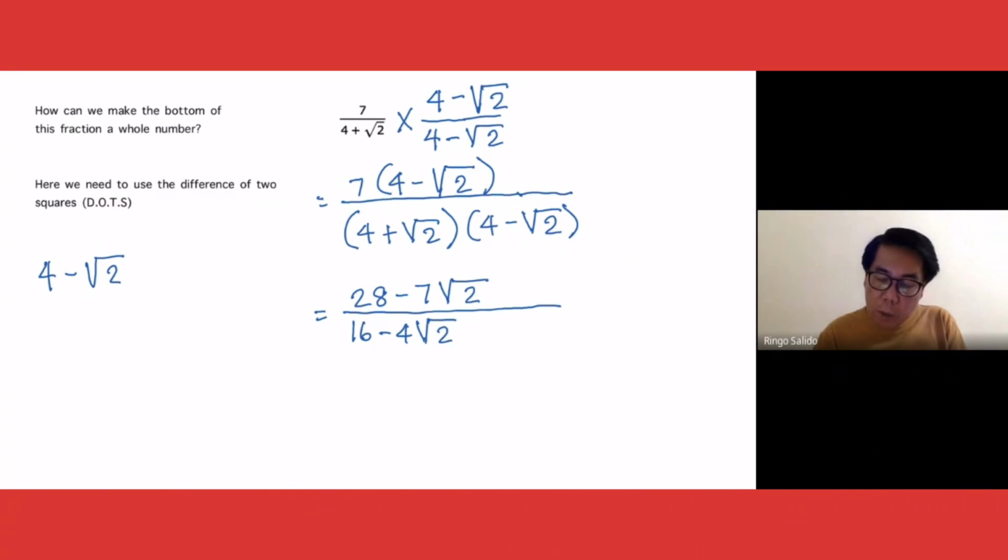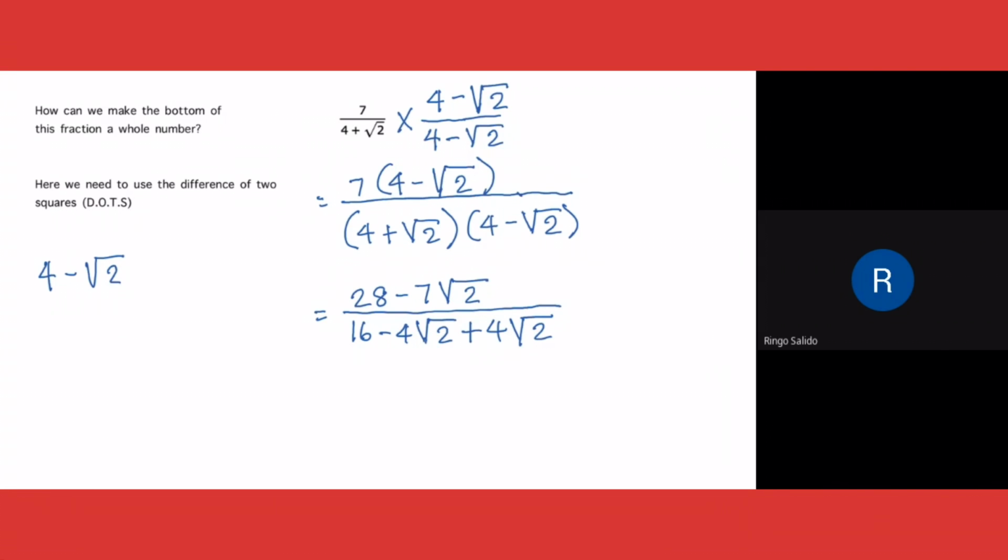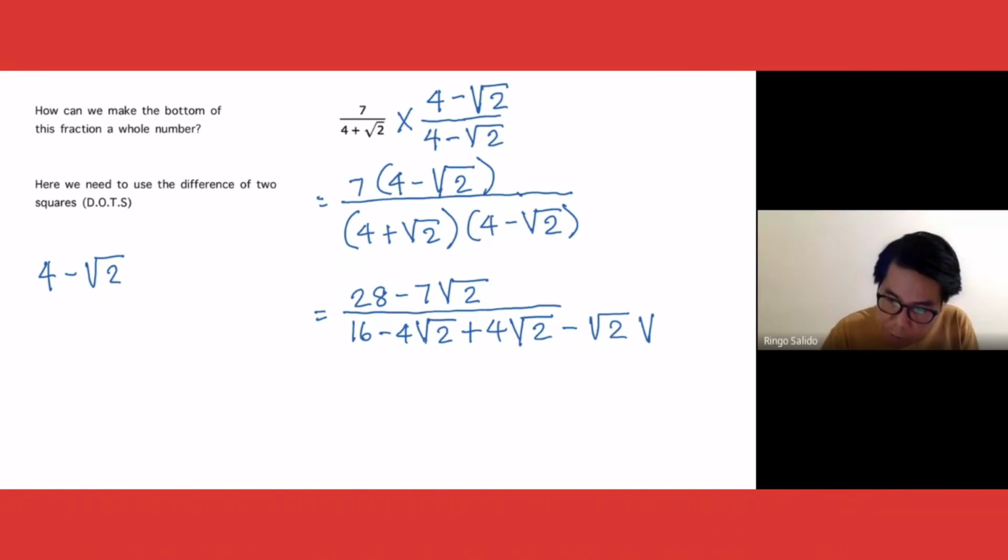And then multiply the inside, which is positive root of 2 times 4 is plus 4 root of 2. And then the last, which is positive root of 2 times negative root of 2 is negative root of 2 times root of 2. Okay.